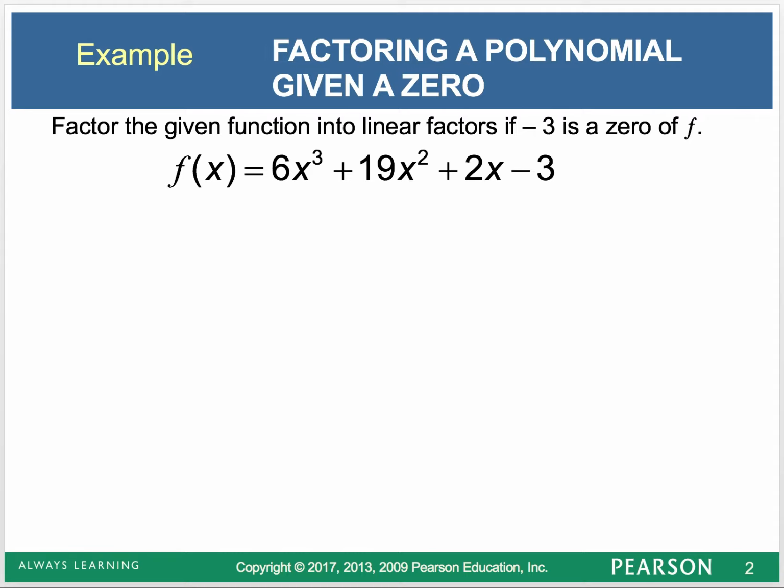All right, this one says to factor this polynomial if we know that negative 3 is a 0. This time it didn't give us the factor, it's given us the actual 0, so we don't change the sign. So 3, 2, 1, 0. I don't have any missing terms.